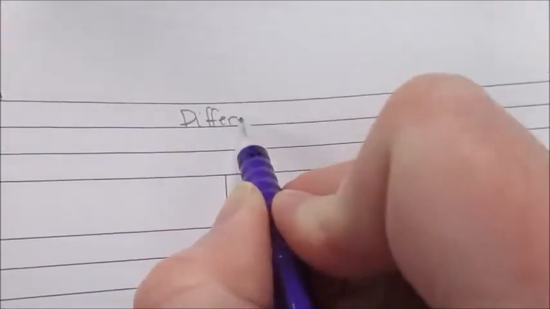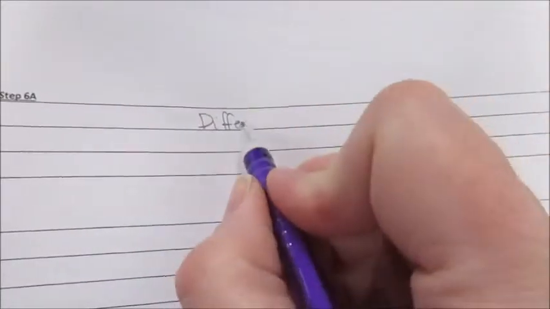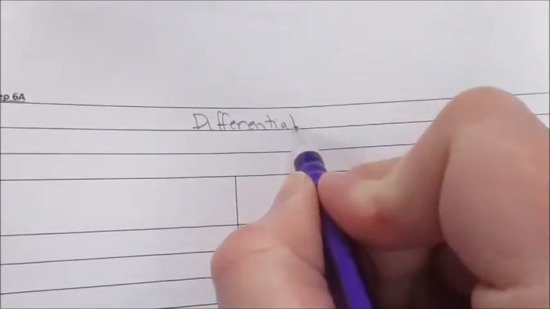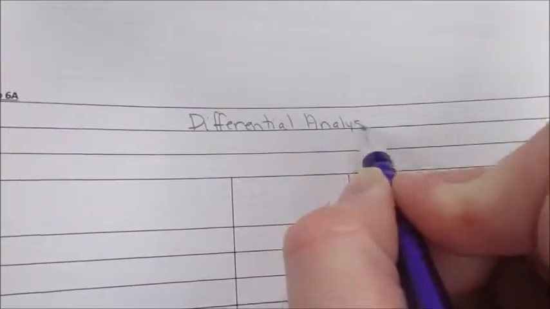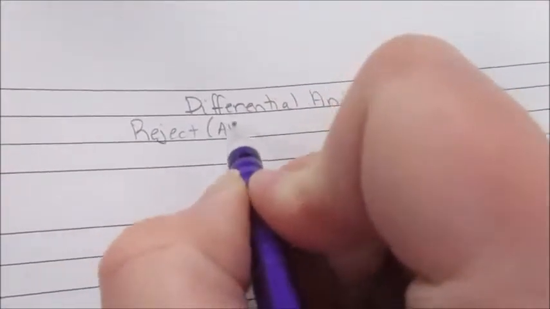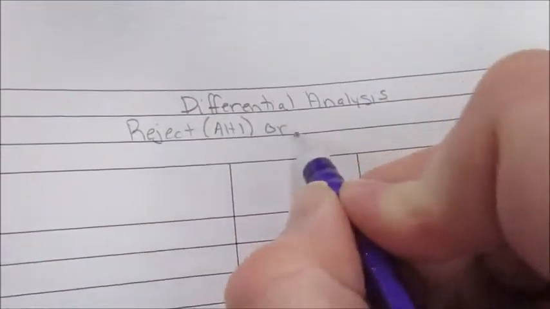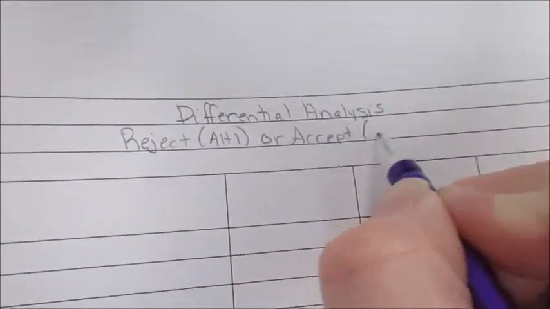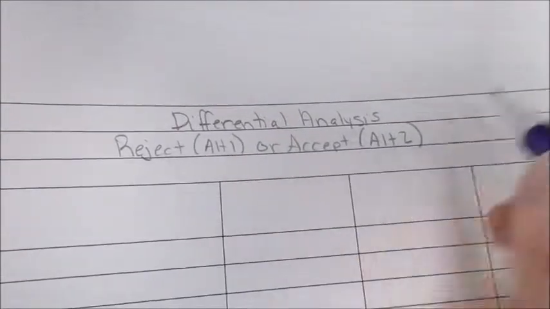The first sections of your book talk about differential analysis of different things, and we're going to look at one based on accepting or rejecting a special order. So we're creating a differential analysis. Our alternatives are either to reject, which is alternative 1, or accept, which is alternative 2, the order.